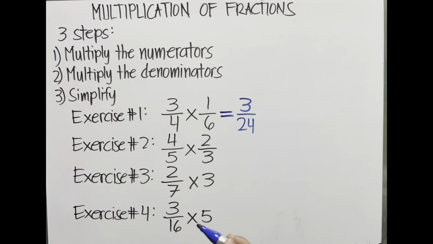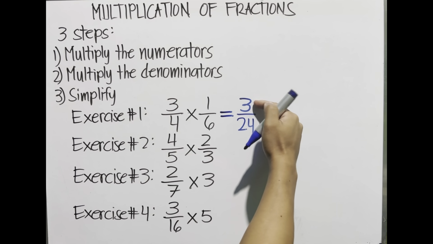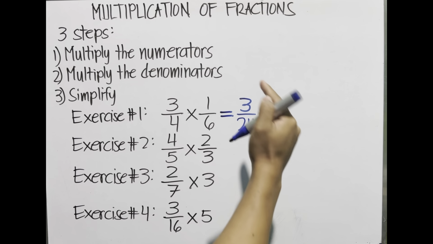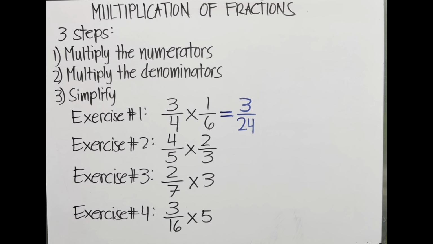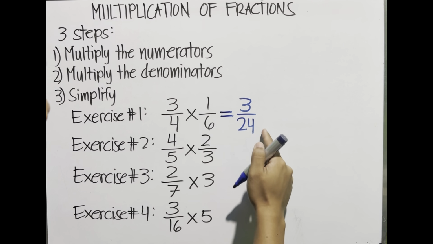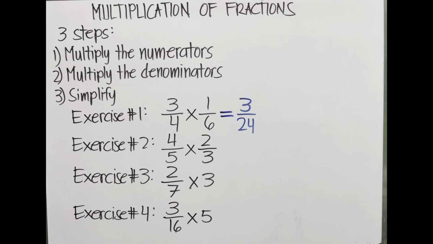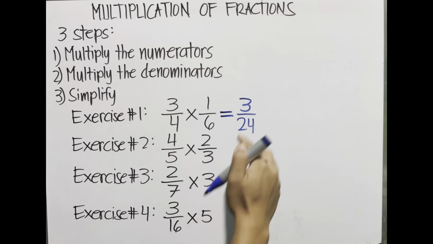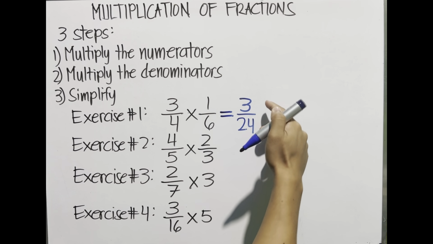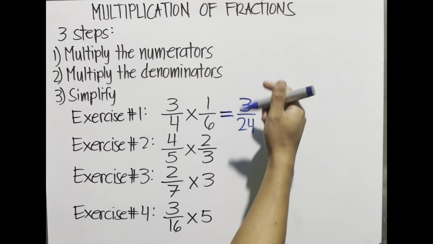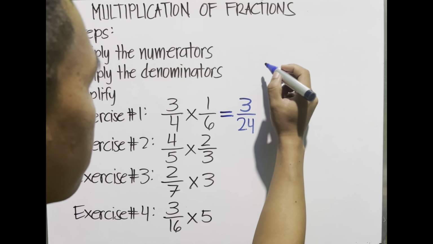Meron ba tayong number na pwedeng i-divide dito sa numerator na pwede rin i-divide sa 24? Any number yan. 24 divided by the unknown number, and then 3 divided by, dapat whole number po siya. So since ito ang mas maliit, try natin 3.